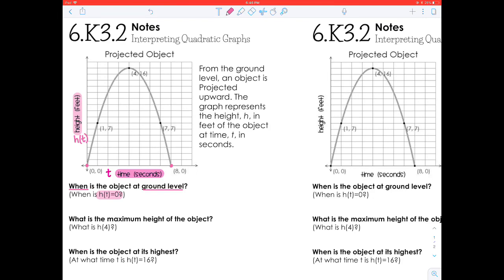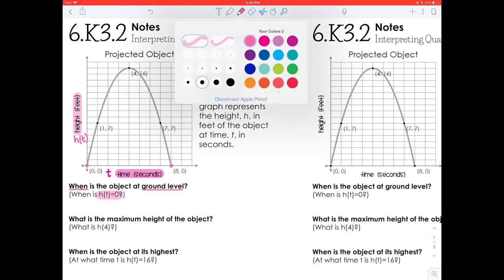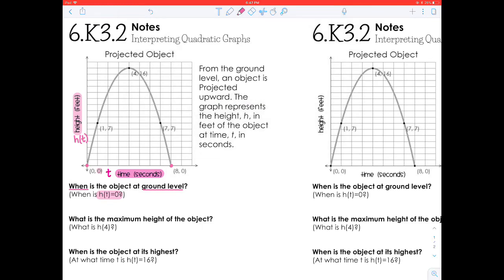Notice that the y values, or the h of t values, on those coordinates are both 0. And so we're asking, when does this happen? So look at your x value, look at your time. That happens at 0 seconds, and then again at 8 seconds.